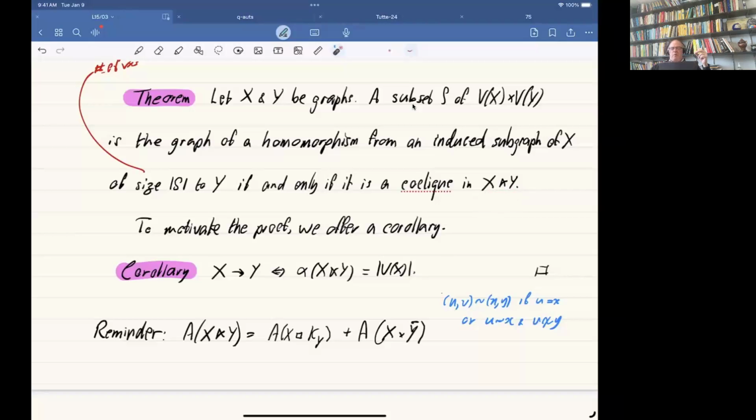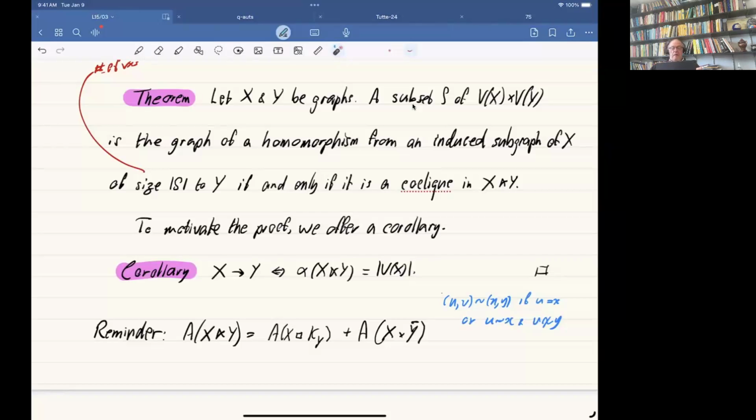I did an example in the last lecture just dealing with colorings. There I was worried about homomorphisms to K_n, but now I'm doing a more general problem. As I said before, this is due to Hell and Nešetřil. Some people like to distinguish between the size of a graph and the order of the graph, and I can never keep the two straight, but in this context, size is just the number of vertices.